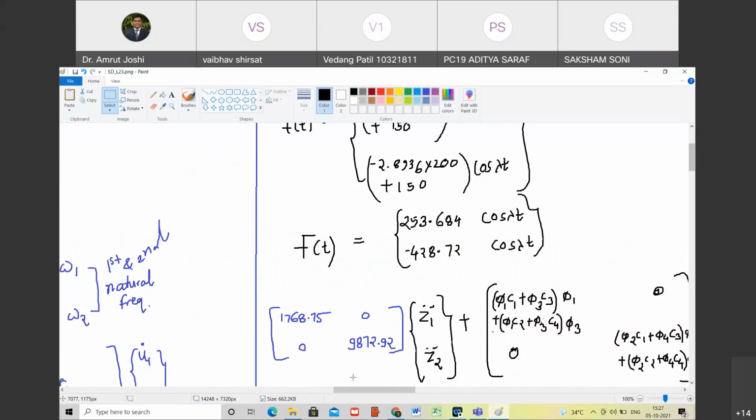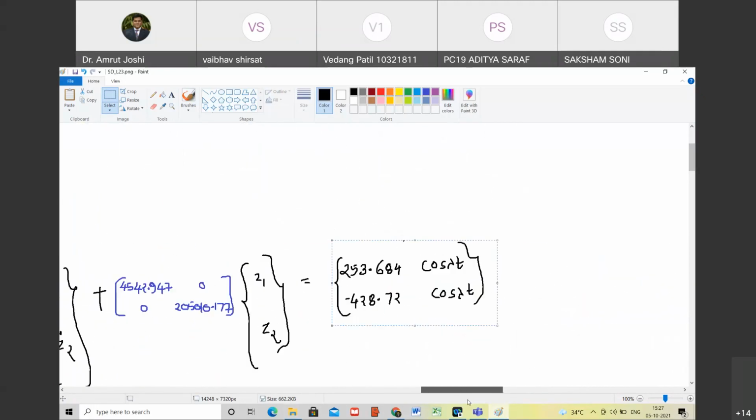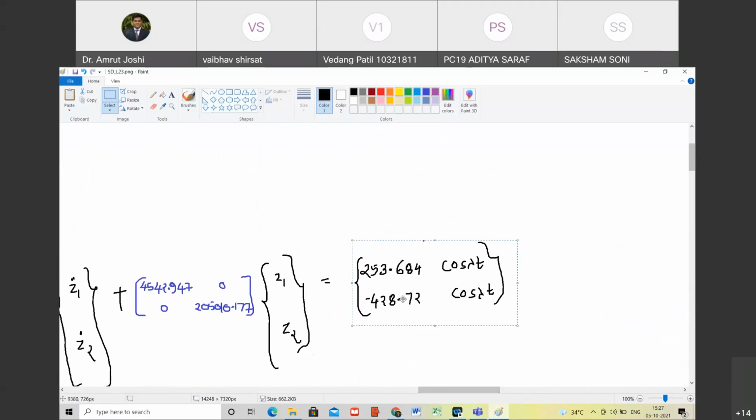We will simplify this further in tomorrow's class, and after this stage everything becomes so simple. Once we compute C1, C2, C3, C4, everything is very straightforward because we have already solved single degree of freedom systems for such excitations. This is harmonic excitation. We have solved it for P cos lambda t. So we already know the solution.